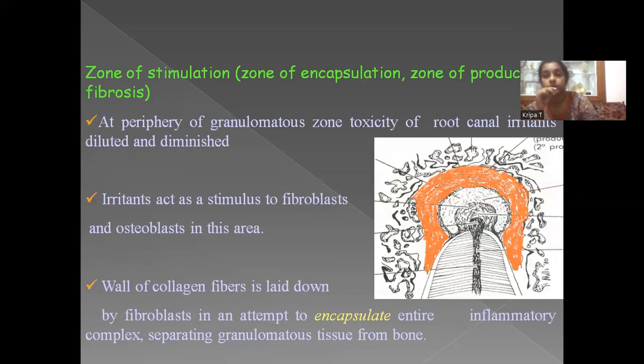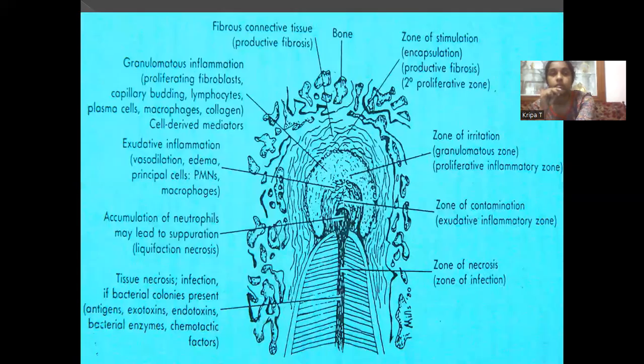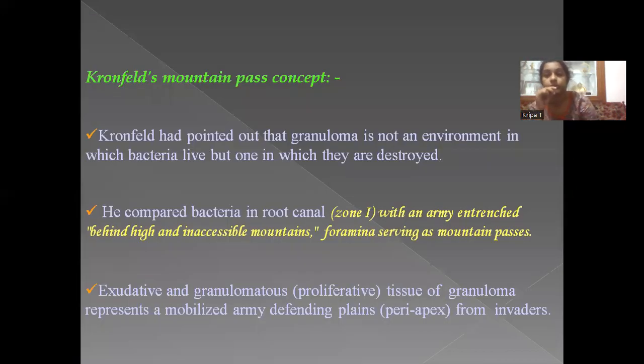Next is the zone of stimulation, the zone of encapsulation or fibrosis, a perfect healing zone with a lot of fibroblasts forming collagen and osteoblasts forming bony deposition. Osteoblasts function best in this zone. Bone apposition and reversal lines are evident. So these are the Fish zones. These are very important. You should know them in detail.